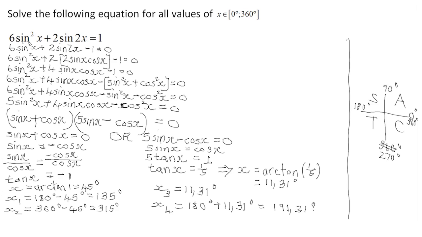So we have 4 values for x here, where tan is negative, 135 and 315 degrees. And then where tan is positive, 11.31 and 191.31. This is a very interesting example because we have focused on all 4 quadrants of the CAST diagram.